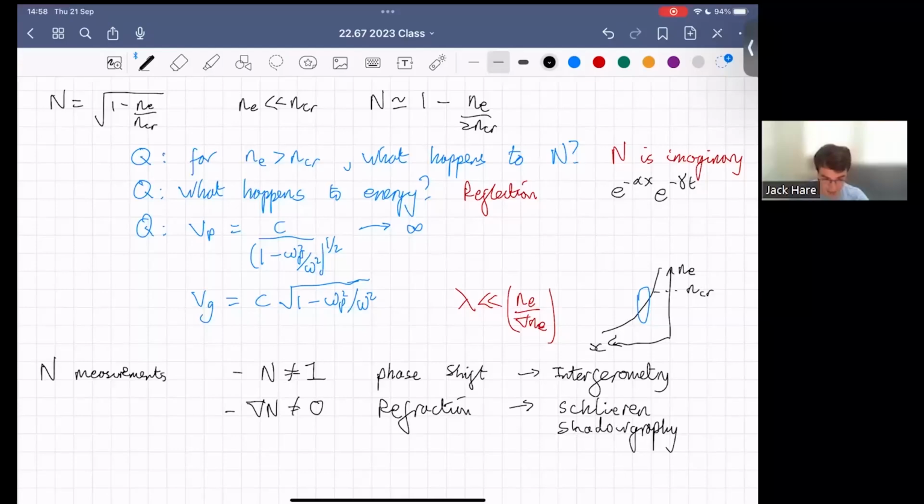And then the final type that I'm going to talk about are ones where the medium is birefringent. It treats different polarizations differently. We can have polarizations of light which are circular, left-handed and right-handed, which we sometimes refer to as plus and minus. Here we would say that the refractive index for the plus wave is not equal to the refractive index of the minus wave.